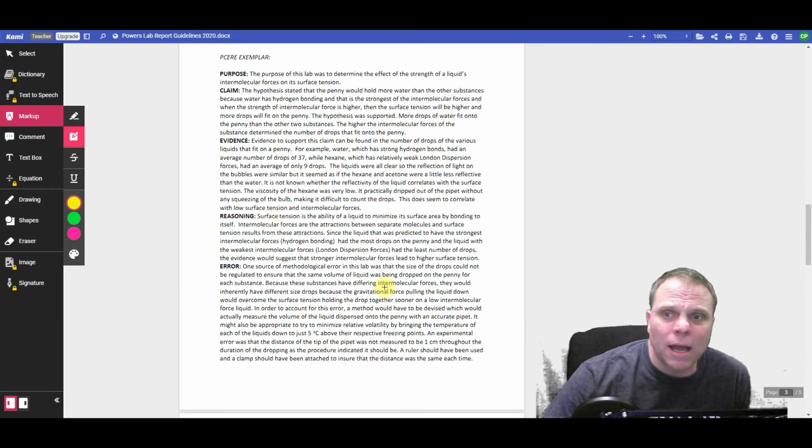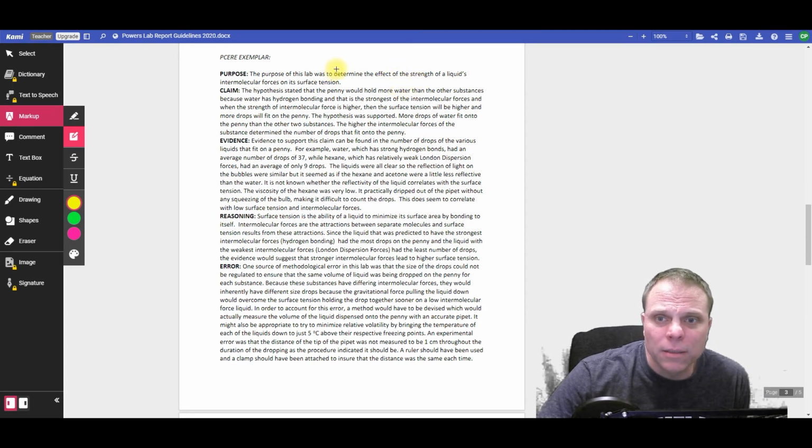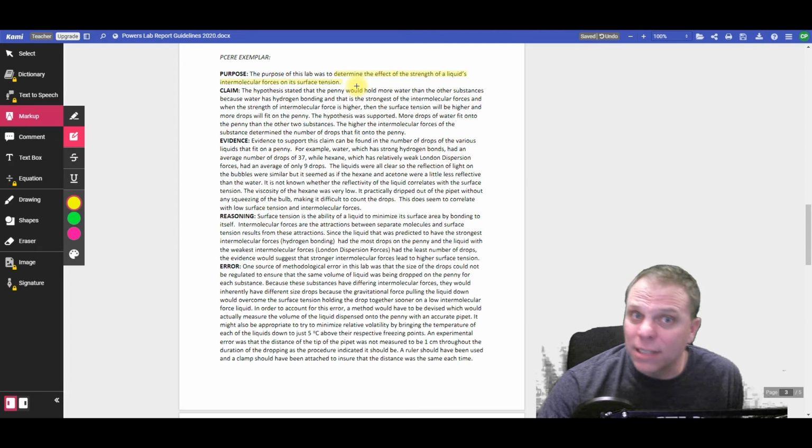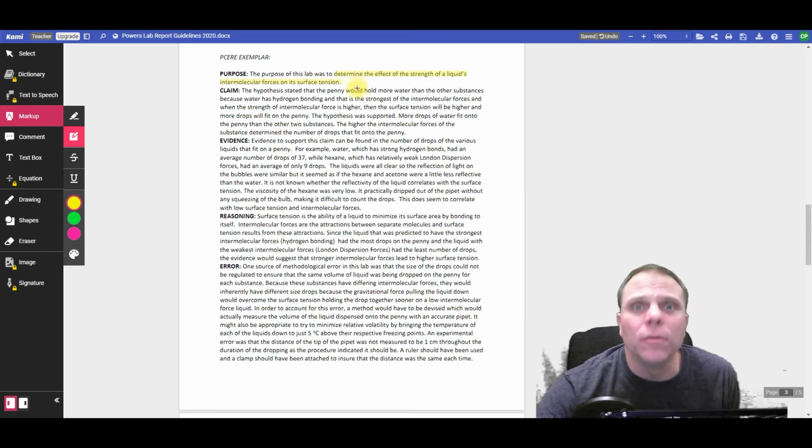The purpose of the lab, why are we doing it, and or what's the problem in this case: determine the effect of the strength of a liquid's intermolecular forces on its surface tension. What question are we asking? If I change to a liquid that has a different intermolecular force, will it change the surface tension?